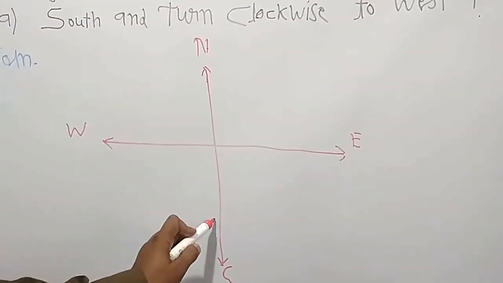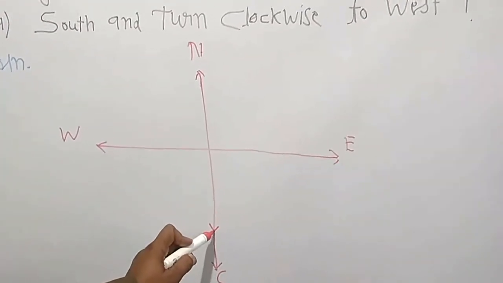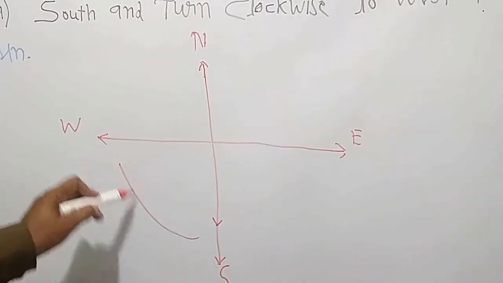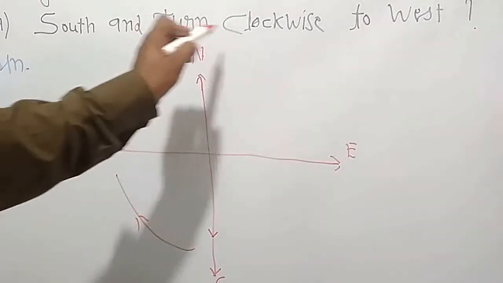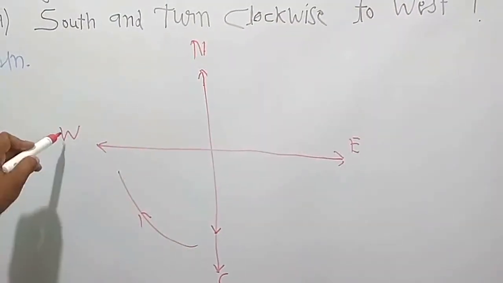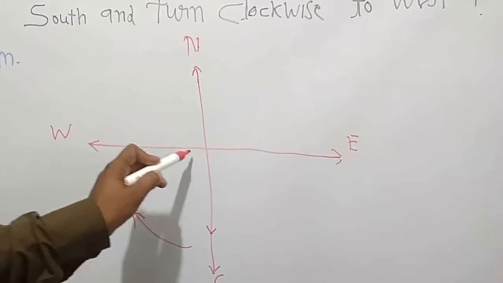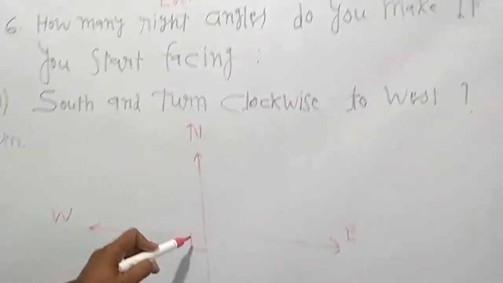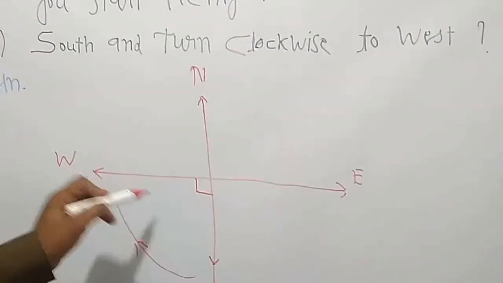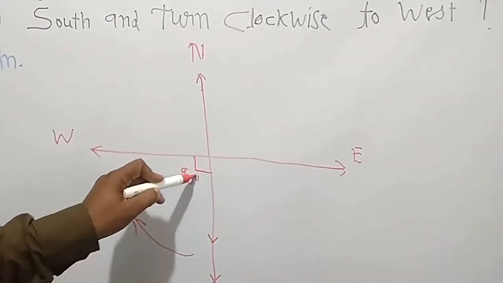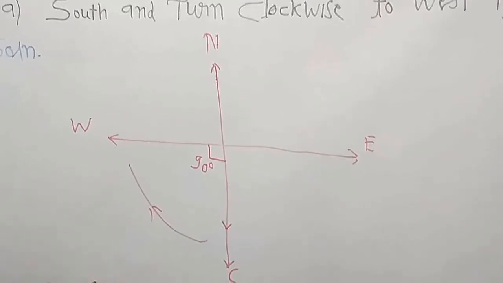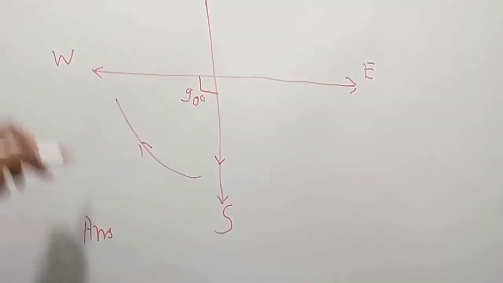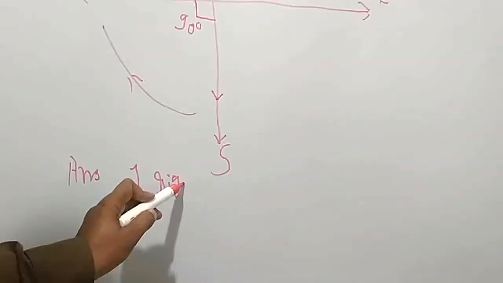Initially we are facing the south direction and then we turn clockwise. This is the clockwise turn and then we reach the west. This is our west. How many right angles are there? One right angle is created. So we write in the answer, when we start facing south and reach the west, we create one right angle.